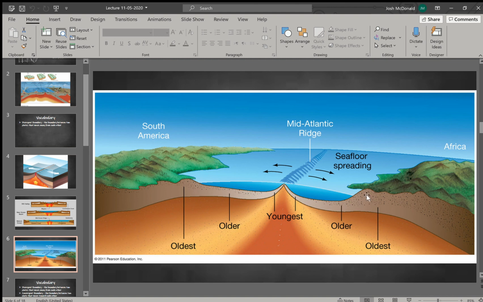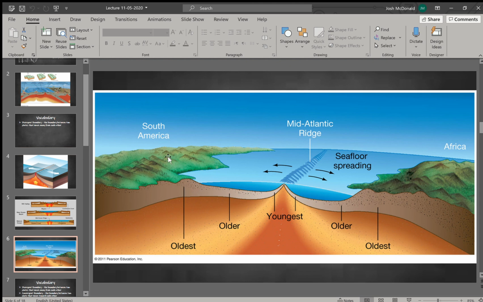But then if you examine the rocks as they move out on either side, they correspond to each other, and they get older. So that means that these parts of the continental crust, and this is specifically in South America and Africa, where we're looking at the mid-Atlantic ridge, are of similar age.